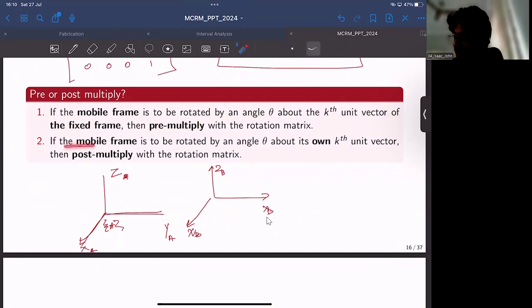Or if the mobile frame is rotated by an angle of theta about its own unit vector, then post-multiply the rotation matrix. So for subsequent rotations, you will multiply towards the right-hand side. Pre-multiply or post-multiply, depending on whether it is with respect to the fixed frame or with respect to the moving frame.